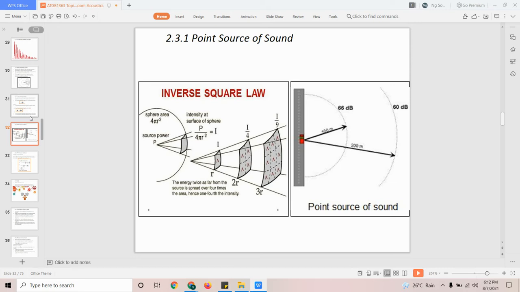This is very similar to your lighting topic because of the inverse square law. It's the same principle behind sound and the same principle behind lighting. All of them are related to each other. As the distance increases by double, only 1/4 of the energy remains from the original.